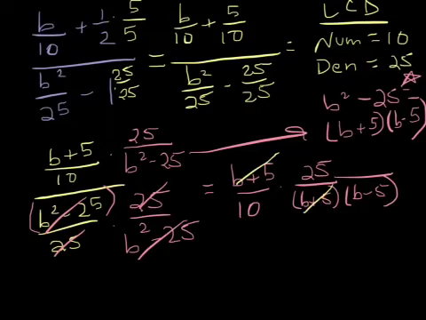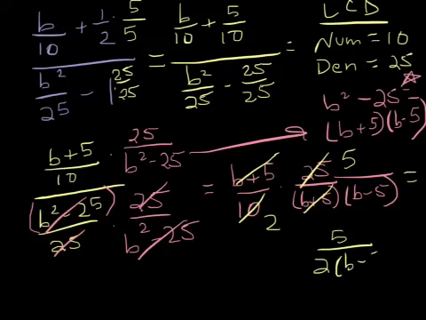I can eliminate b plus 5 and b plus 5. And 25 divided by 5 is 5. 10 divided by 5 is 2. So what I'm left with is 5 over 2 times b minus 5. And if you want to write that as 2b minus 10, be my guest.